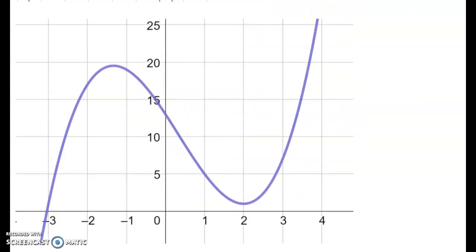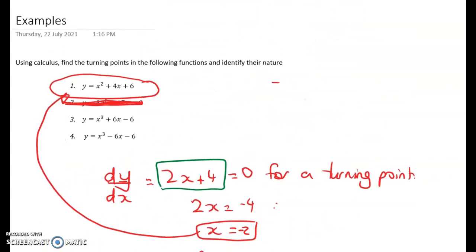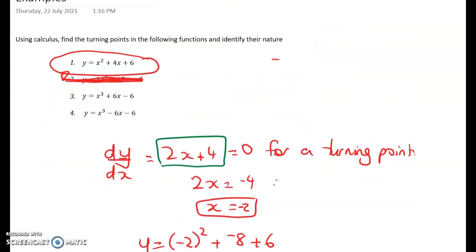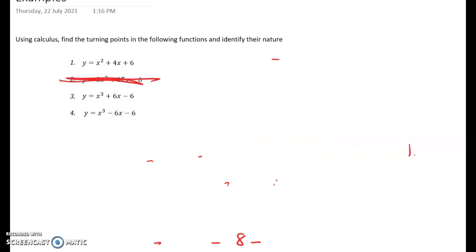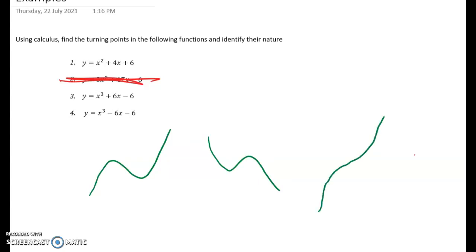Okay, a couple more examples. Now you can try those on your own first if you want, or you can just watch me go through them. So I'm not doing this one here. Don't do that one. Let's look at these two cubics. Now remember when we did graphing, there were a few different patterns for cubics. One went like that. One went like that. But sometimes we had this one, right?